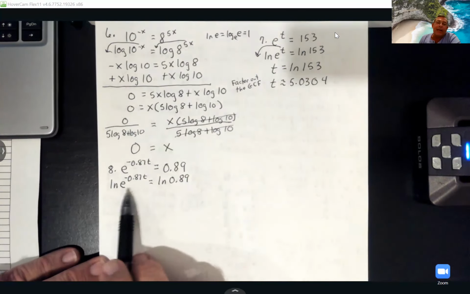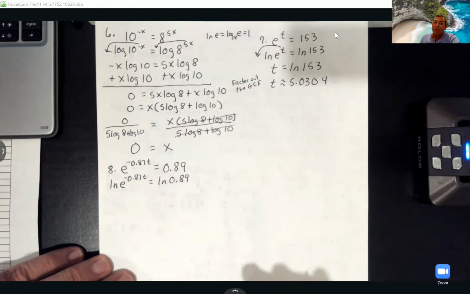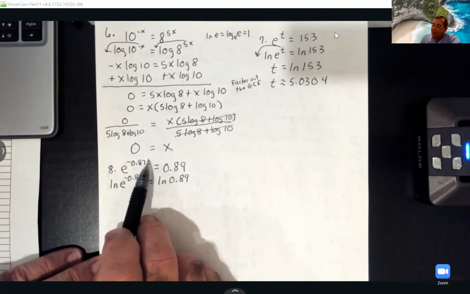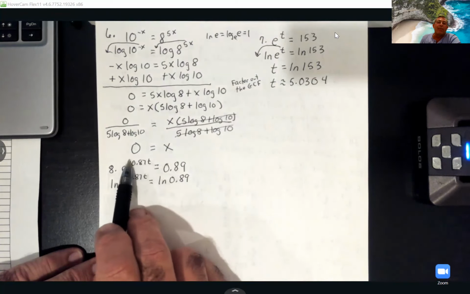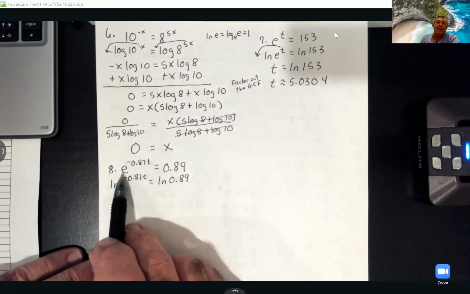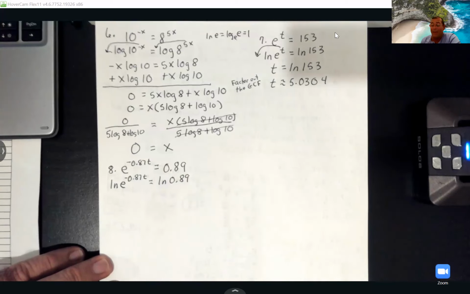See, because what this calculator does, remember, these ln's and logs, they're finding exponents. So they're finding what this t has to equal, that it can be multiplied by that negative 0.87, and then e to that to get me somewhere really close to that number.